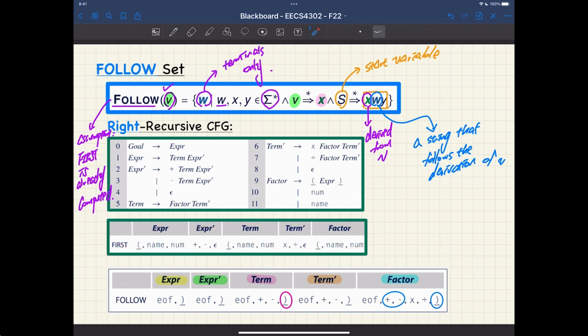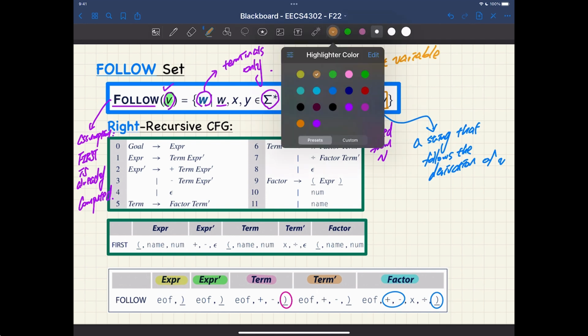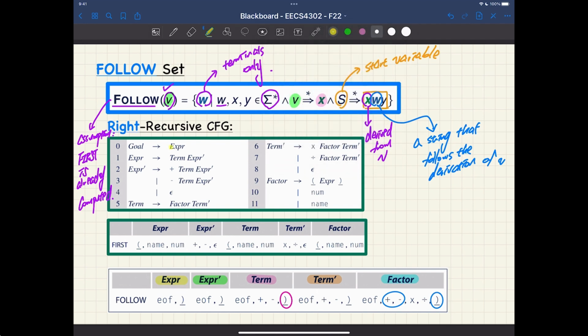All right. So as we go over them one by one, I'll see how many we should go through. At least we'll go over the first few, and then we'll see. Let's start with the expression. What will be the follow for expression? The way to think about it is you want to find every occurrence of expression on the right-hand side of each production rule, number one. Okay, let's find it out. You can see over here, expression appears over here.